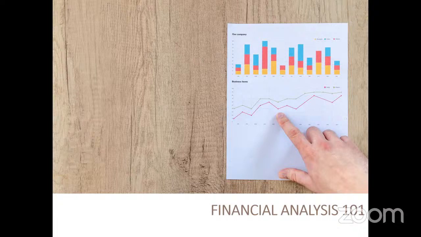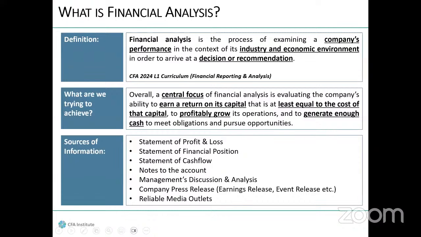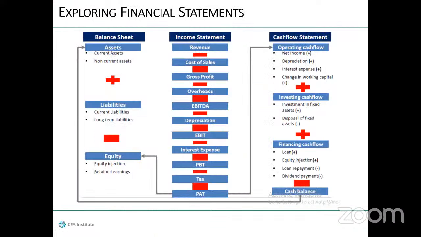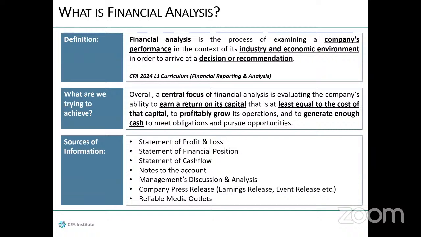So I'll go ahead. Last time out, I think we covered the basics of the three statements. We started from understanding what financial analysis is about, sources of information to conduct financial analysis and the essence of conducting financial analysis.